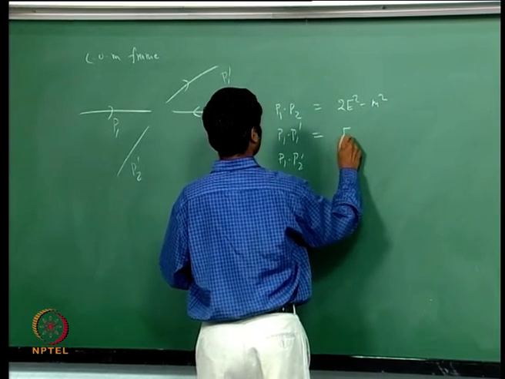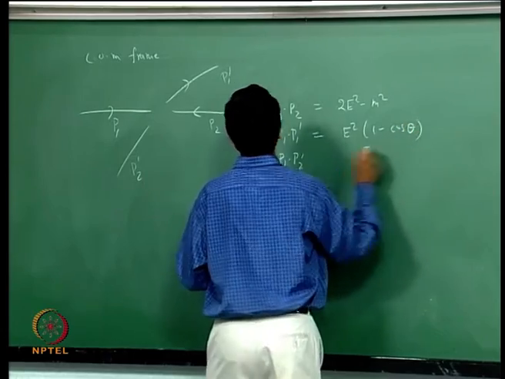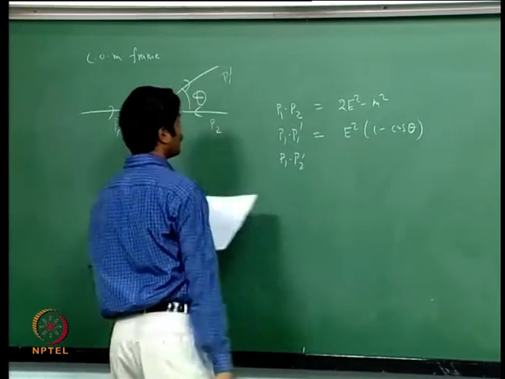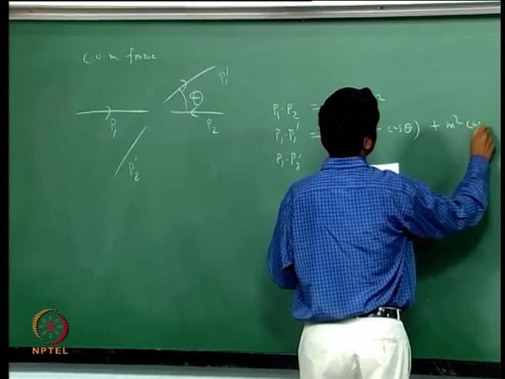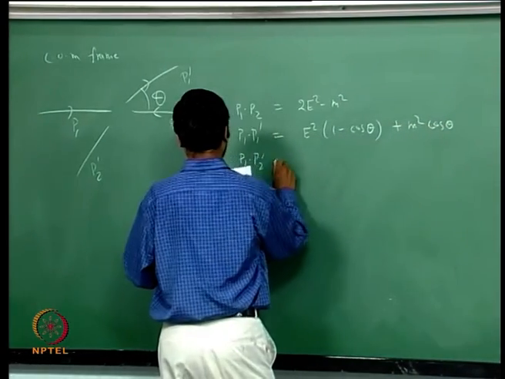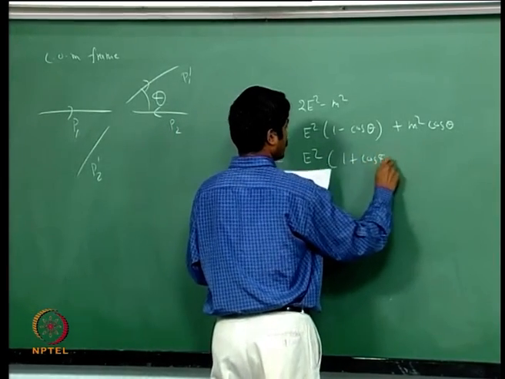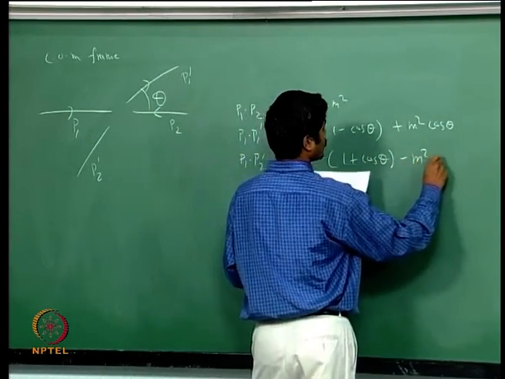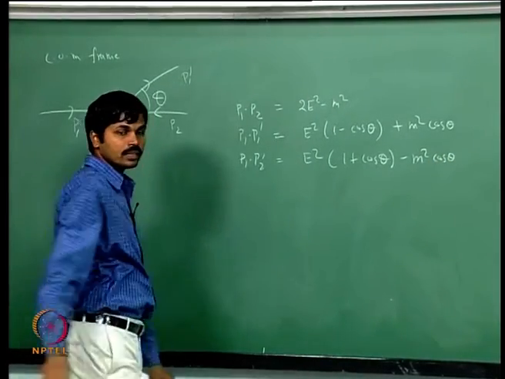P1 dot P1 prime is equal to E square times 1 minus cos theta, where theta is this angle, plus m square cos theta, and P1 dot P2 prime is equal to E square times 1 plus cos theta minus m square cos theta. Let us first look at this relation here.